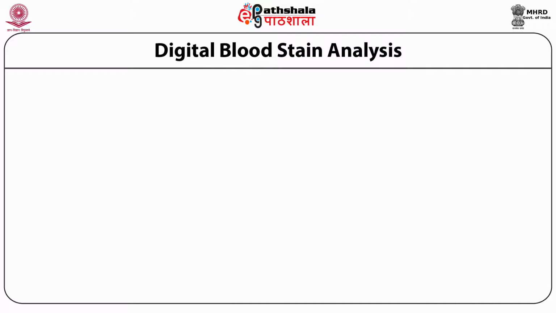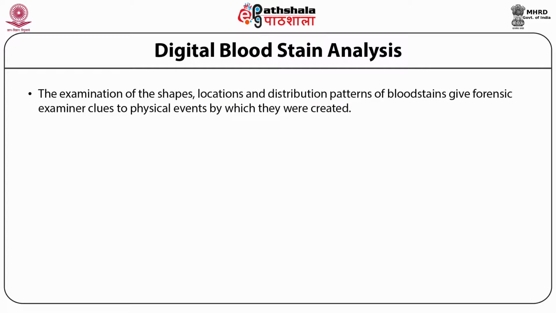Digital blood stain analysis. In this process, the examination of the shapes, locations, and distribution patterns of the blood stains gives forensic examiners clues to the physical events by which they were created.